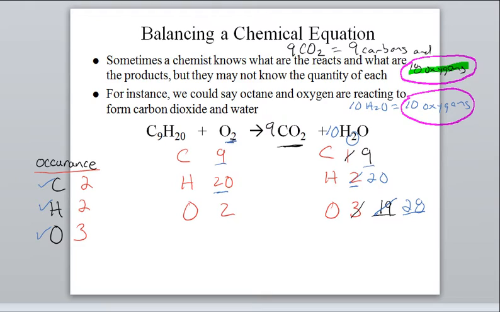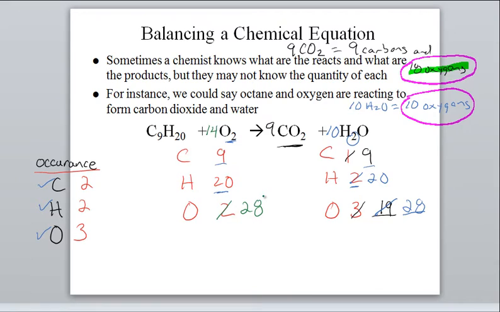How many O2 molecules would have to react in order to have 28 oxygen atoms reacting on the reactant side? It occurs twice per molecule, so if there is 14 molecules of O2 reacting, it changes the number of oxygen atoms to 28. There we go.